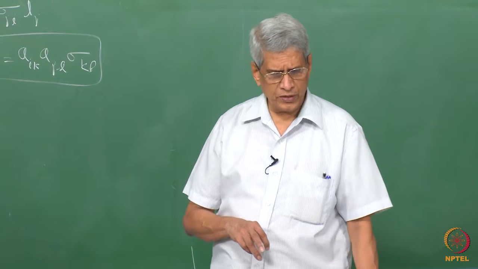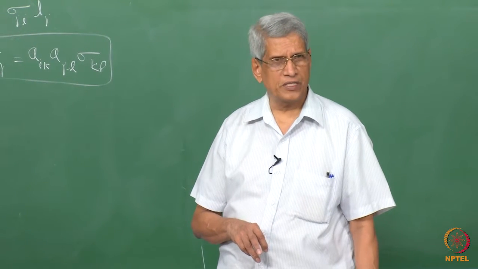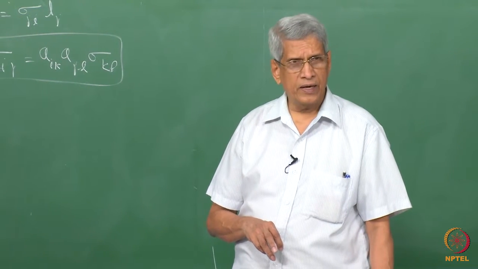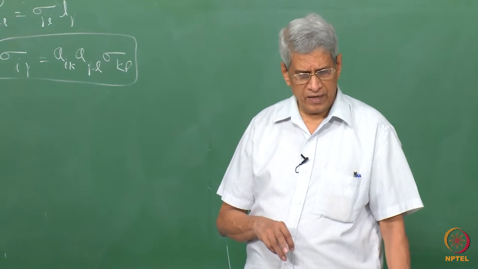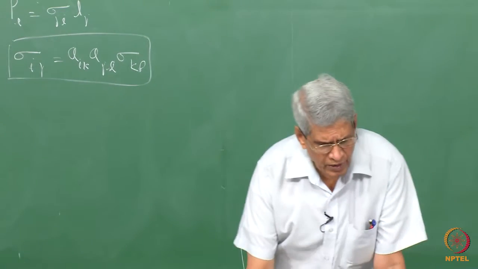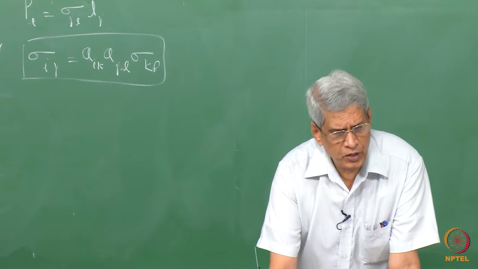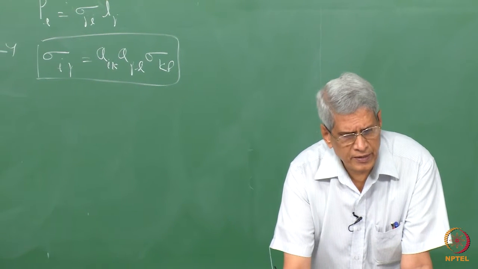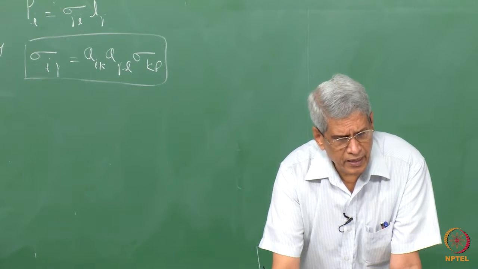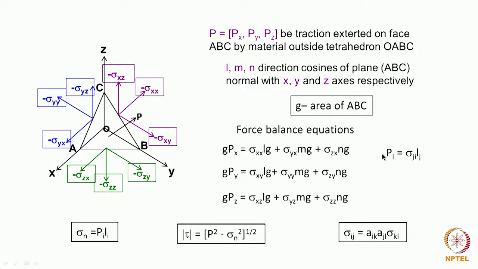What we have written in this equation is nothing but a force balance equation. That is, when we write this expression with respect to G, this is essentially a force which is being balanced.